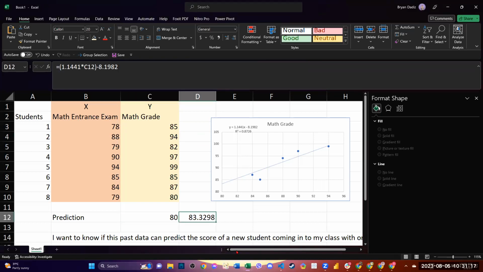Kung napipredict natin yung score, yung possible score using linear regression, dapat maintindihan din natin yung performance ng model natin. In this example, based on our data, our linear regression is performing good because it's 87%.